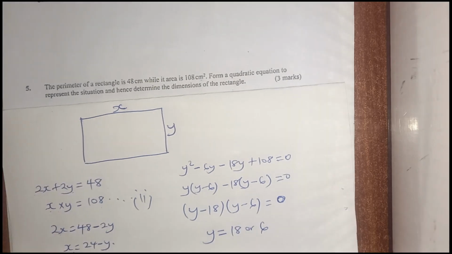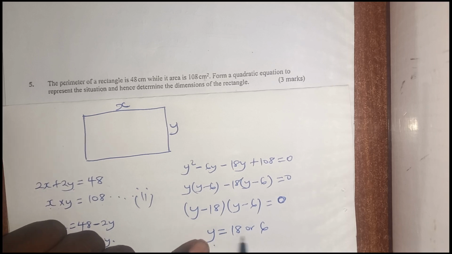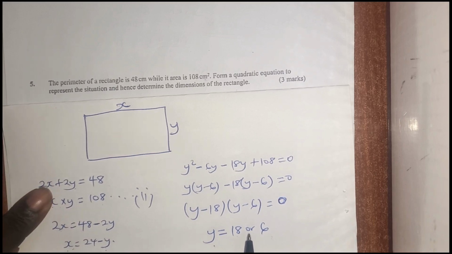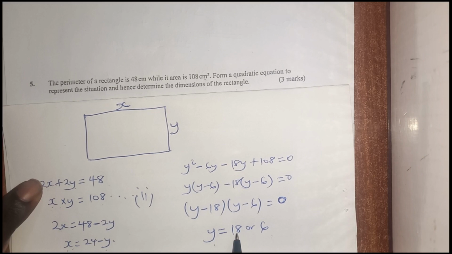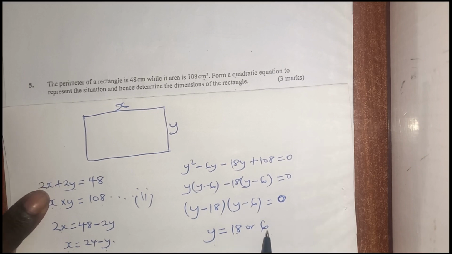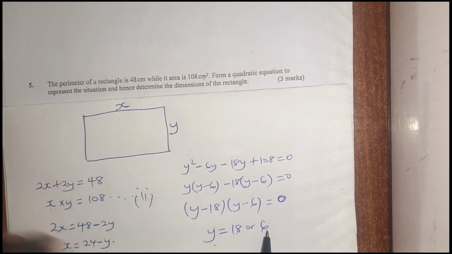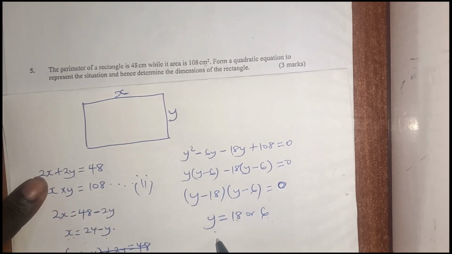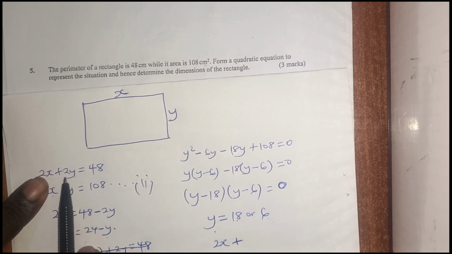So we come and look here. If y is 18 or 6, what they are trying to tell us is, if you feed it into this equation, if it's 18, you're going to get 6. If it's 6, you're going to get 18. I don't know if that makes sense. Let me just do it practically so that you can see. Now let's say we have 2x plus 2y.